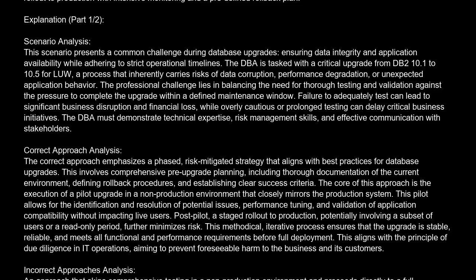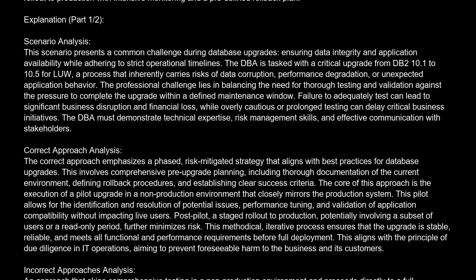Correct approach analysis. The correct approach emphasizes a phased, risk-mitigated strategy that aligns with best practices for database upgrades. This involves comprehensive pre-upgrade planning, including thorough documentation of the current environment, defining rollback procedures, and establishing clear success criteria. The core of this approach is the execution of a pilot upgrade in a non-production environment that closely mirrors the production system.